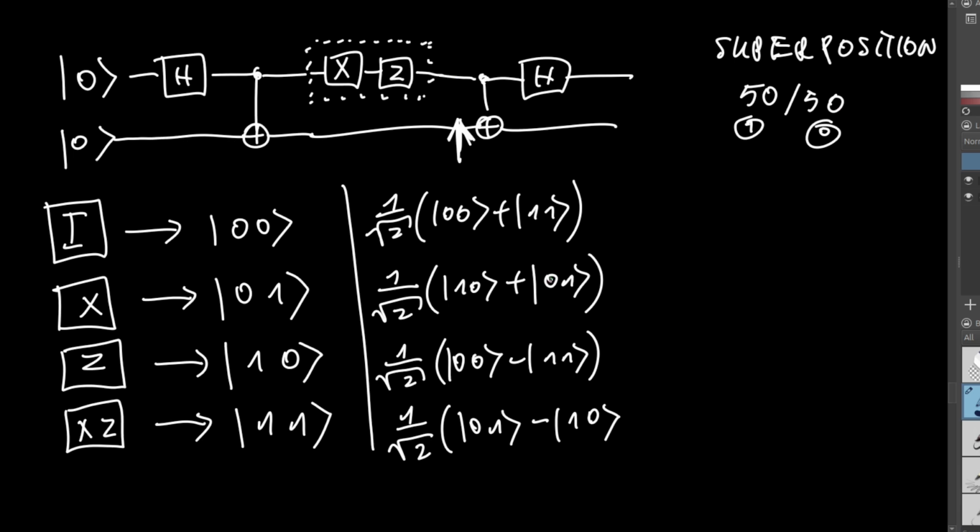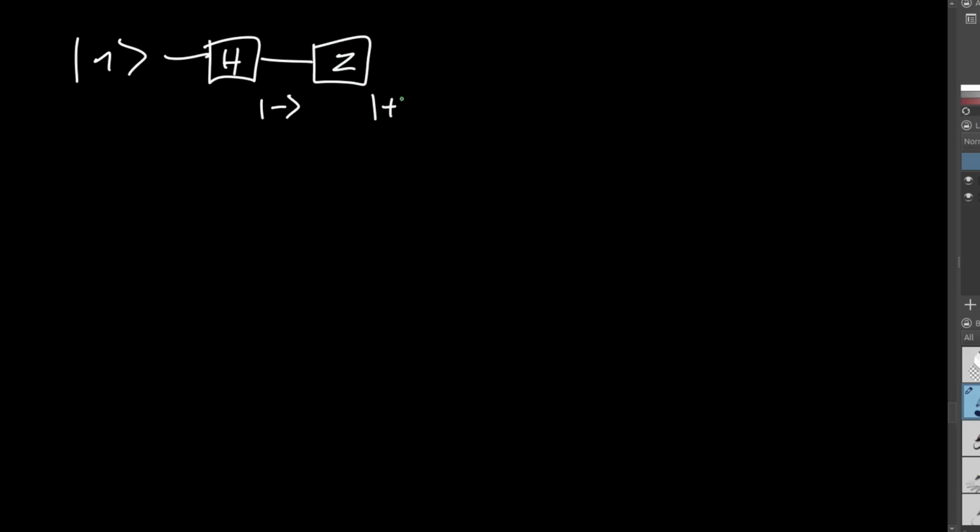The phase can also hold information, and you can imagine it as being something intermediate. So we can have some kind of state 1, then apply a Hadamard gate, and we get the minus state. We can apply the Z gate, and it becomes the plus state, and then I can apply a Hadamard gate again, and now it's going to be 0.